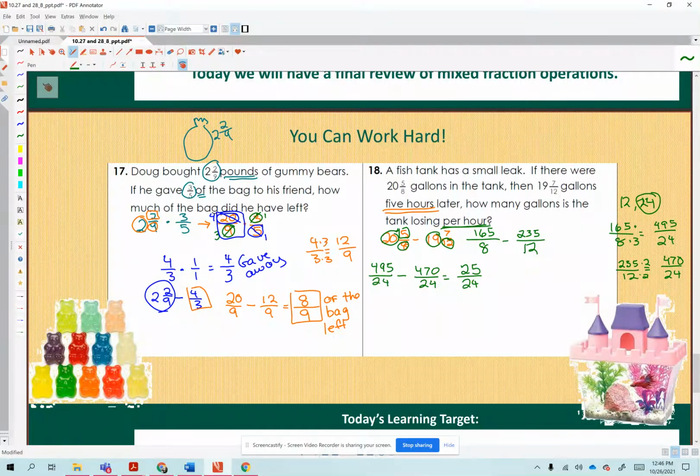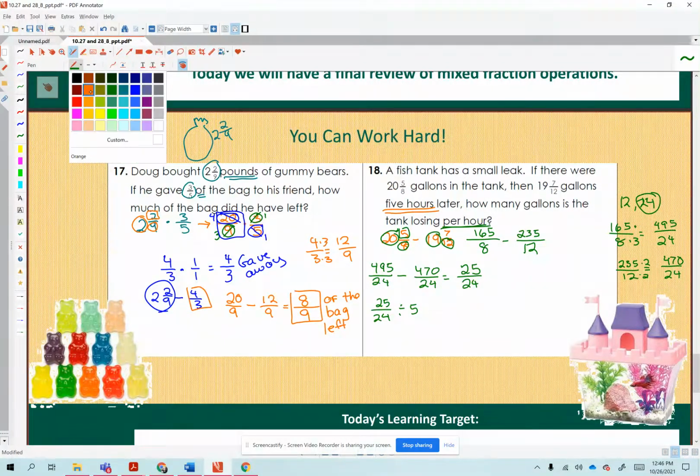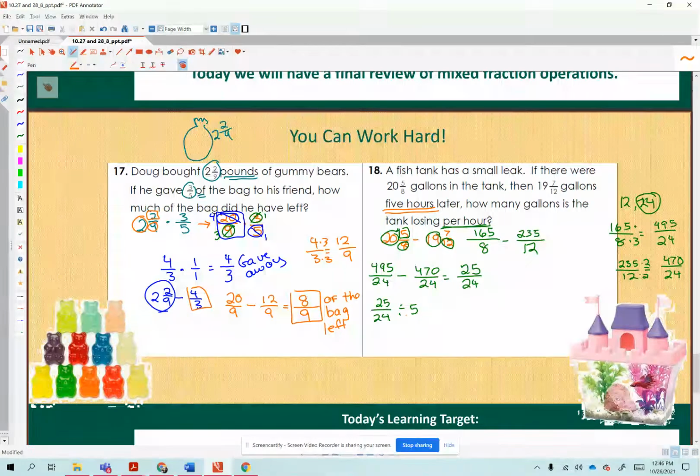So we need to divide this by 5. So 25 over 24, that's why I'm not converting it to a mixed number, divided by 5, which we will rewrite as multiplication. So we can think of the 5 as 5 over 1. When we rewrite this problem as multiplication, it's 25 over 24 times 1 over 5.